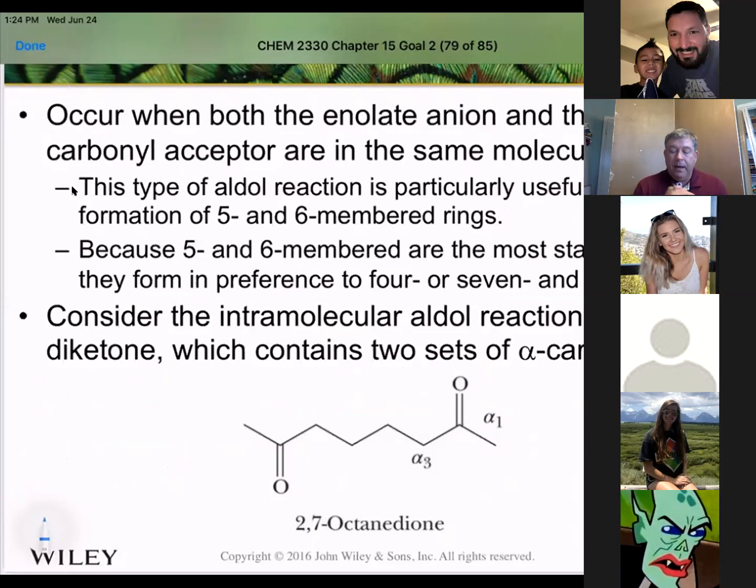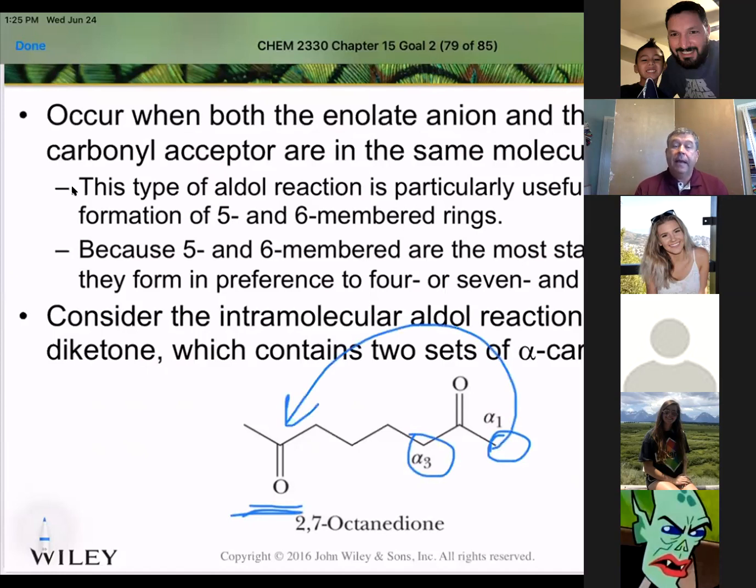We also have an opportunity if we have a compound with two carbonyls on it. We have the ability to pull off our alpha hydrogens to make our enolate here, but we have another ketone somewhere else on the species, which means we can actually have it wrap around and attack itself, creating a ring, okay?